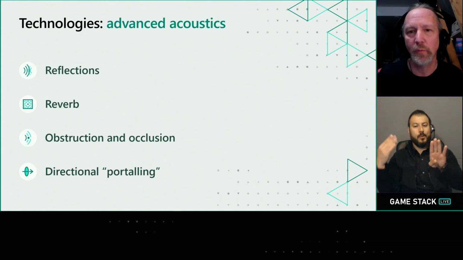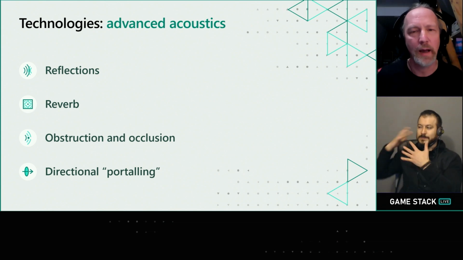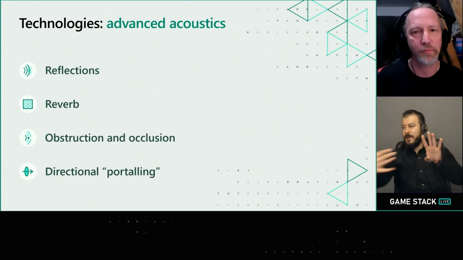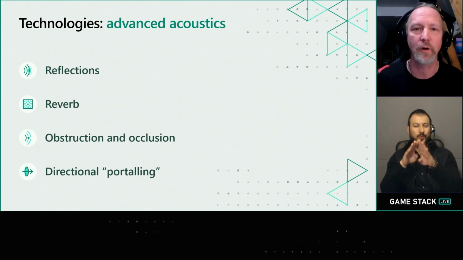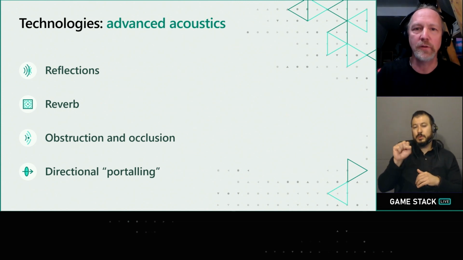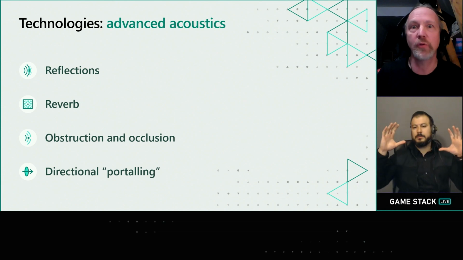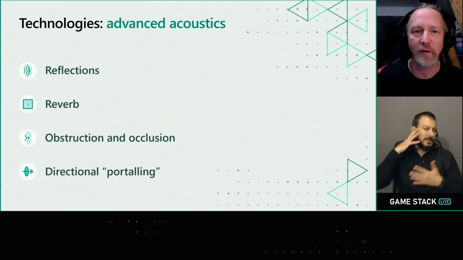I might be in a room where behind a wall is some sound, but I have an open doorway. I'm probably going to hear more of that sound through that doorway rather than through the wall. And so acoustics give us a way to really paint a visual of the space just through the audio.